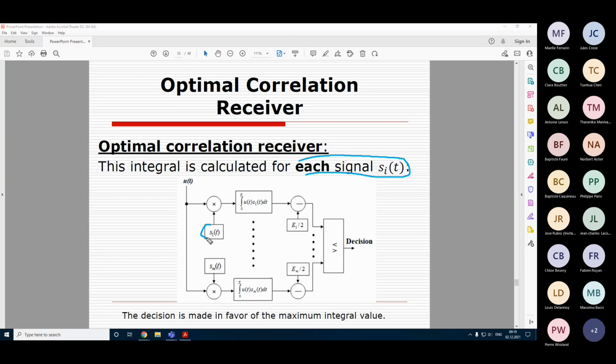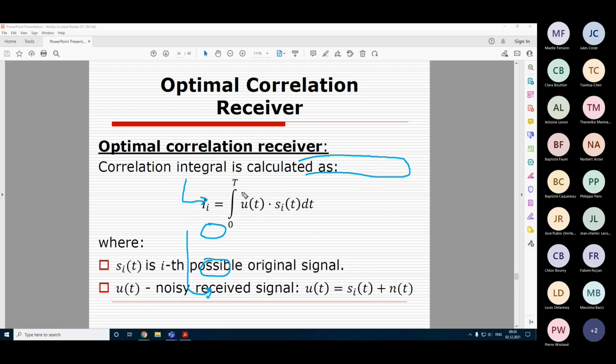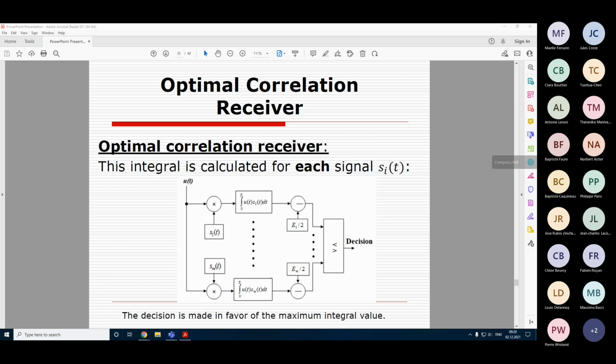So we need to have generators generating these reference signals. We need to have the received signal multiplied with these generated signals. So that is the multiplication part of this formula. Each of these blocks calculates this multiplication between the received signal and the reference signal.